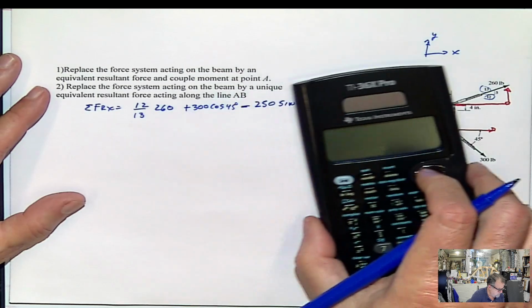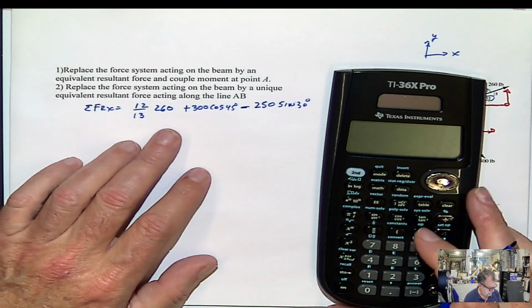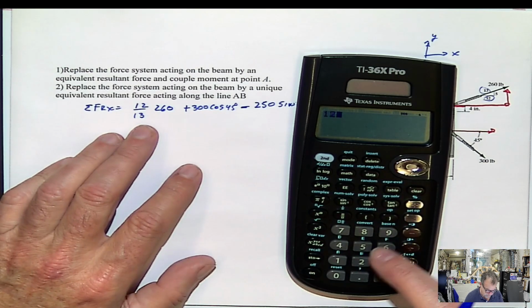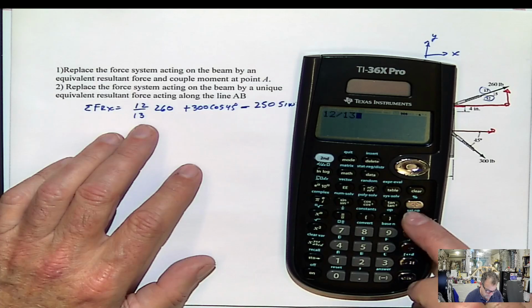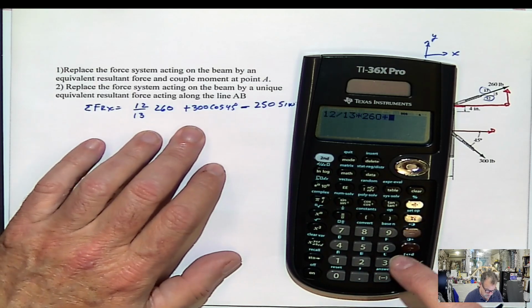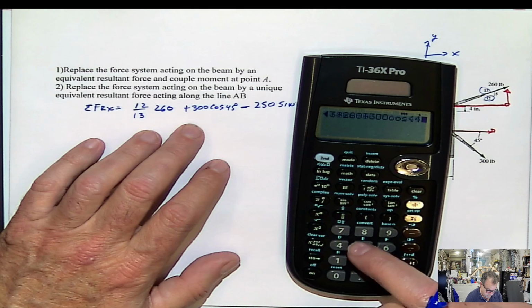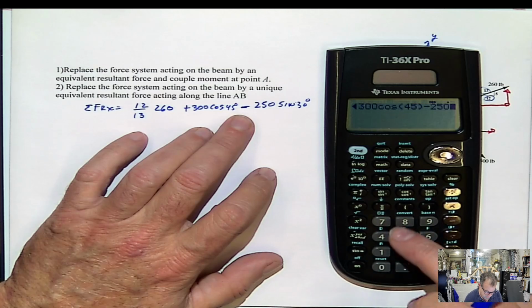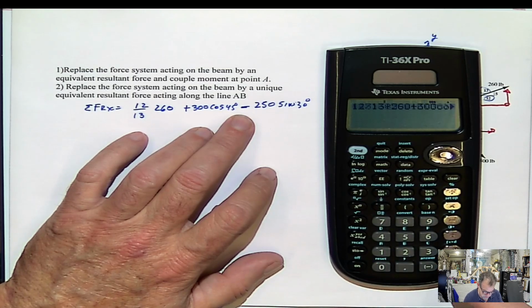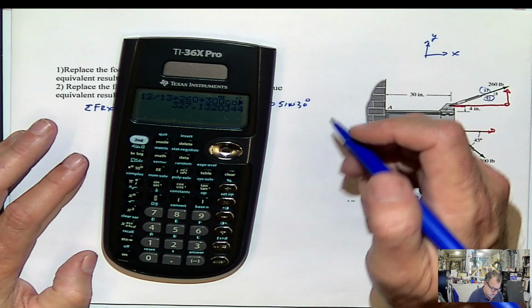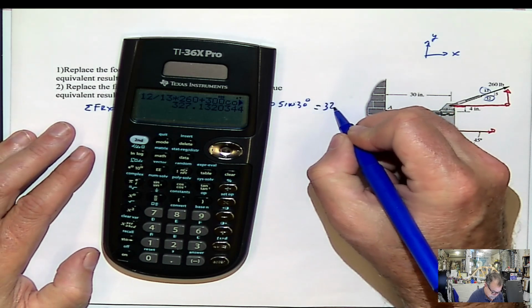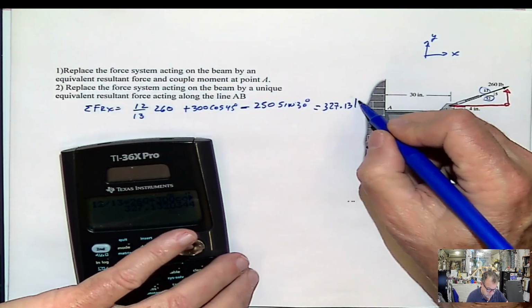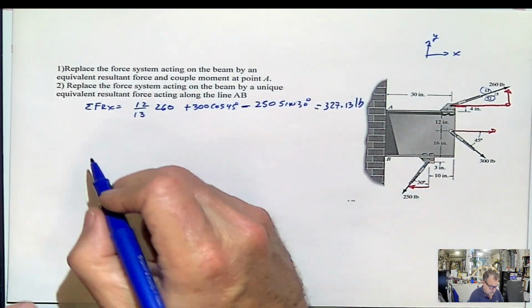And that will be 12 divided by 13 multiplied by 260 plus 300 cosine 45 minus 250 sine 30, equal 327.13 pounds.